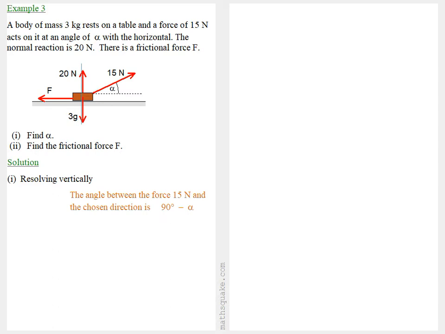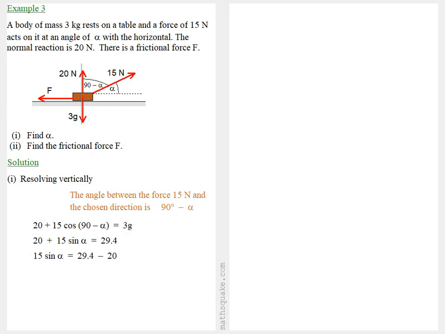Now the angle between the force of 15 newtons and the chosen direction, which is vertical, is 90 degrees minus alpha. So 20 plus 15 cosine 90 minus alpha is equal to 3g, or 20 plus 15 sine alpha is 29.4.